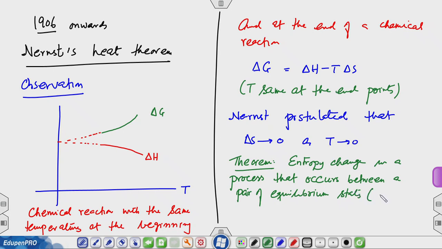This happens because the change in external parameters tends to 0 as T tends to 0. So, what does it mean? Let us try to understand this, and that will lead to the statement of Planck for the third law.